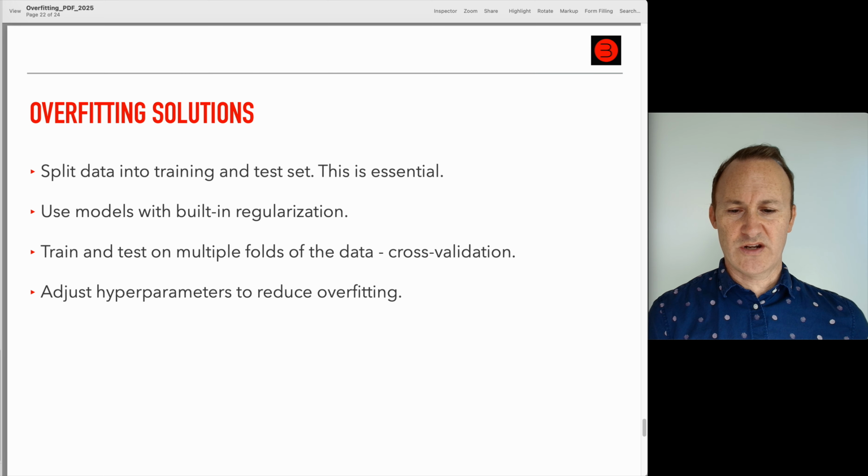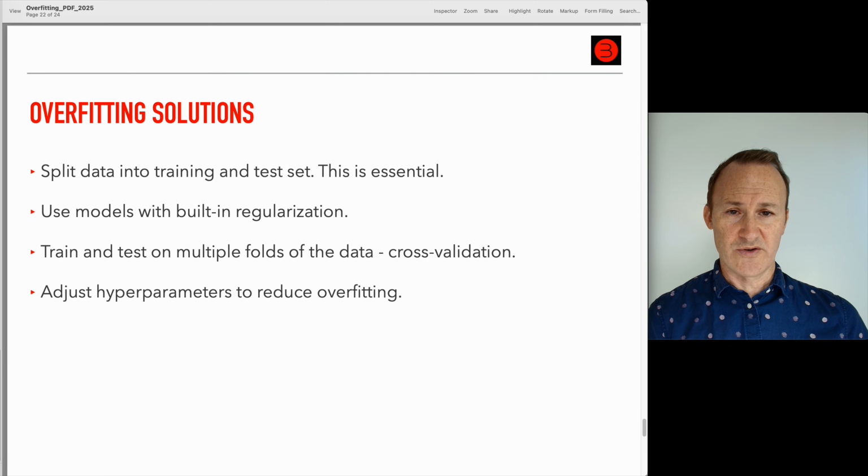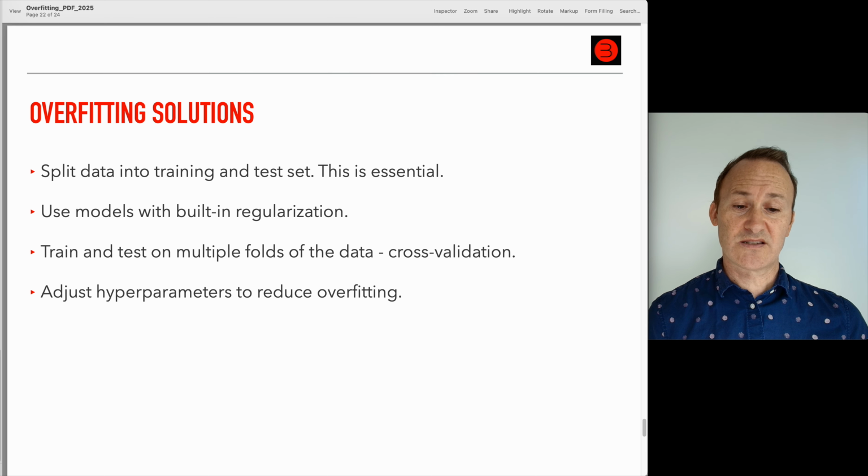And finally, you can adjust the hyperparameters. We've looked at parameters that you can change. They're called hyperparameters, in effect, to be distinguished from parameters, which are the weights that the machine learning model is always going to adjust. You don't control those. The model adjusts those to your data, but you do get to control some of the hyperparameters like the max depth of a tree.